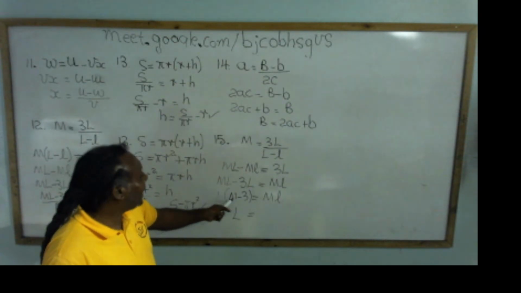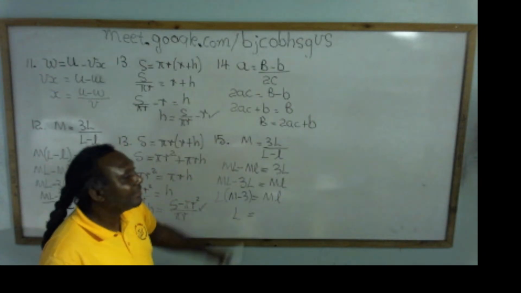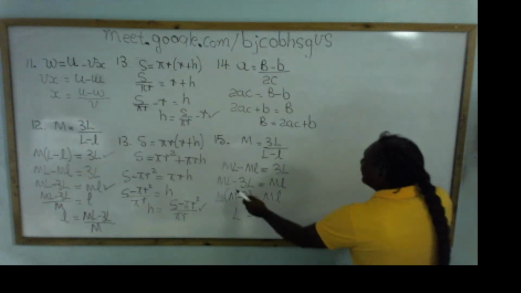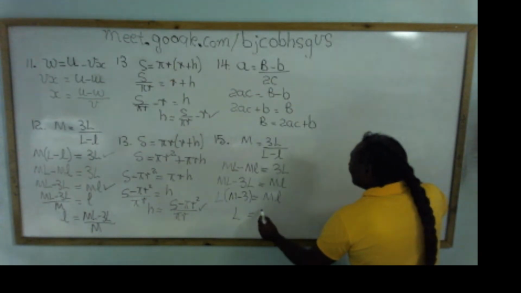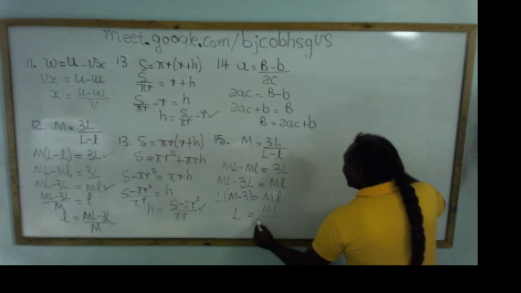So since we are multiplying, we will eliminate the M minus 3 by division. They are related by multiplication. So we have ML over M minus 3.